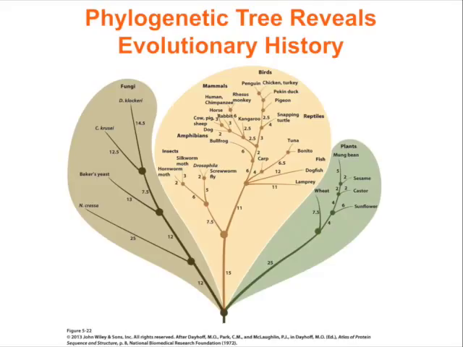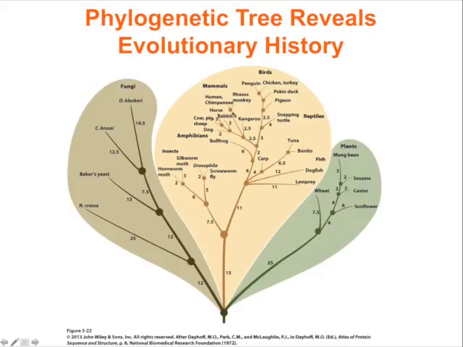Now you can see humans and chimpanzees on the same branch. That is, our cytochrome C sequence is identical. And our cytochrome C sequence is most closely related to the rhesus monkey.